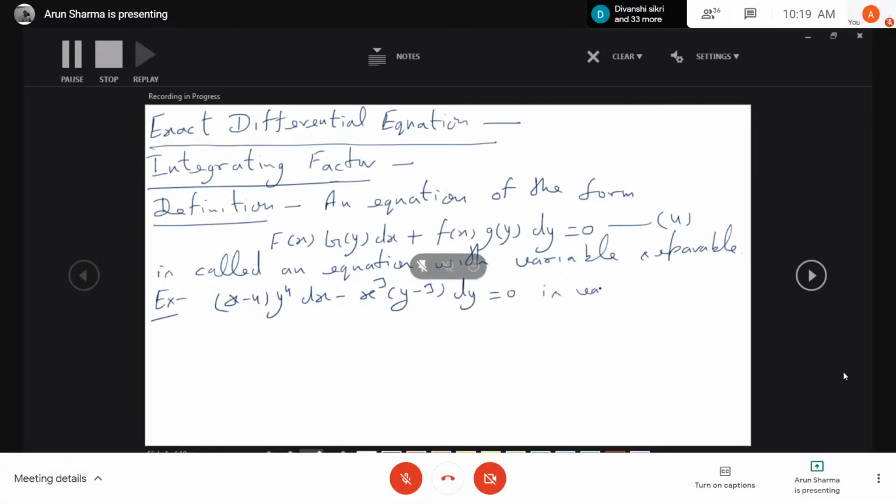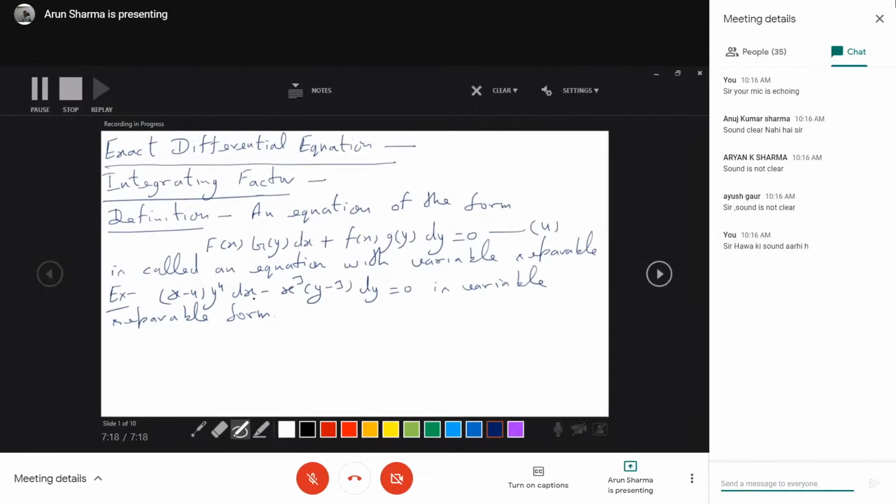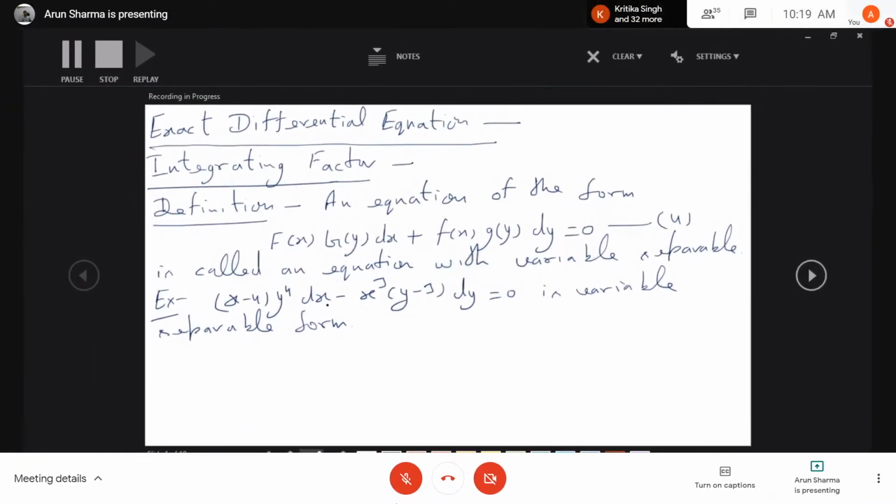You can separate variables in this equation. So now my question to you is: is this equation exact?